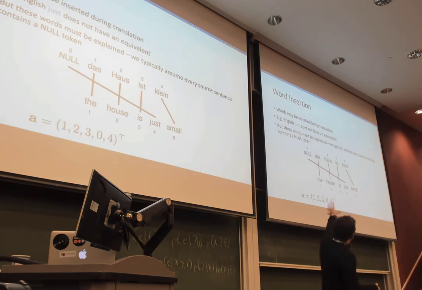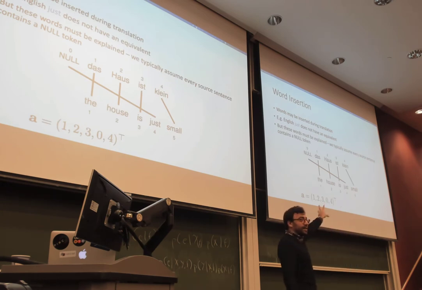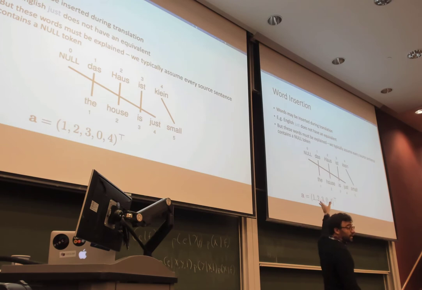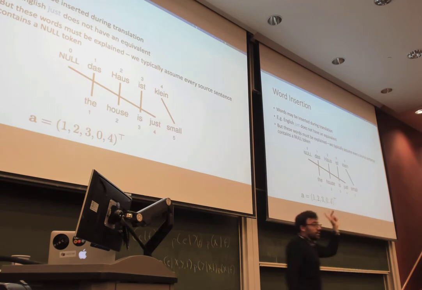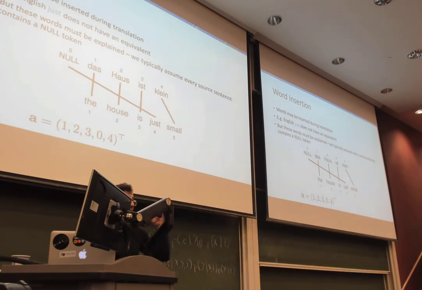So that's maybe not a very good example, but let's say that the target that you're generating is the house is just small, which is not a very faithful translation of what the German says, because it doesn't really have the just. But that's just an example, right? In that case, what we did, we assigned a null word in the beginning of the source sentence, that allowed us to align all the spurious words to that particular null word, and not to any specific word in the source sentence.